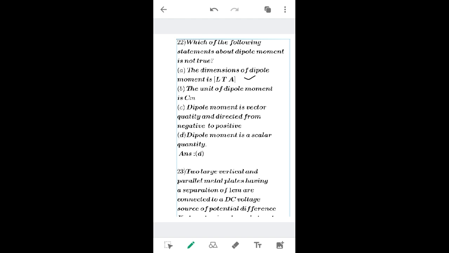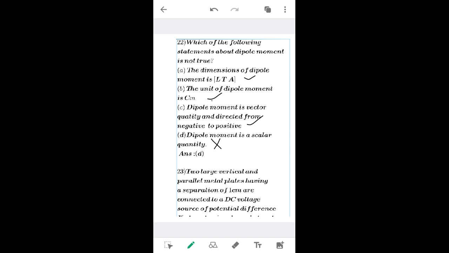Now the unit of the dipole moment is coulomb meter, right? It is correct. Then dipole moment is a vector quantity and it is directed from negative to positive. Yes, it is also correct. Dipole moment is a scalar quantity. It is wrong, right? So D option is not true, and the correct answer is D, right?